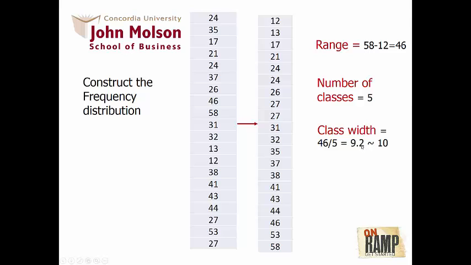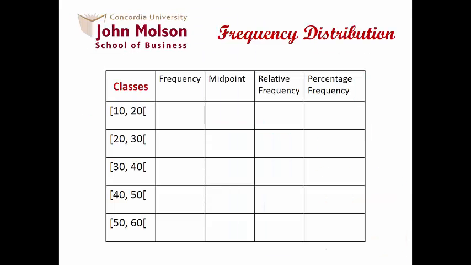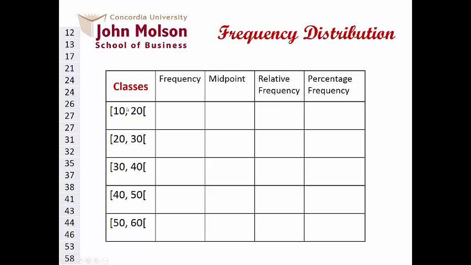I don't want to keep a width of 9.2, not easy, doesn't look good, so I will round it to 10. I like to have nice class boundaries, so from 10 to 20, 30, 40, 50, and 60. And that seems to be a good plan. Here are my data. Now I have my class intervals. Here are my classes.